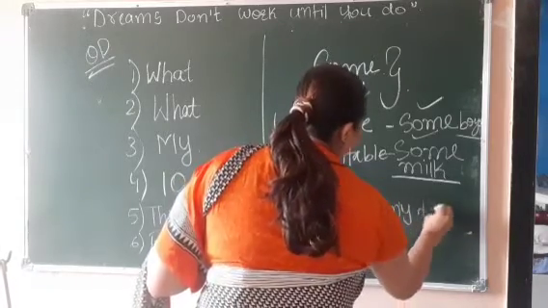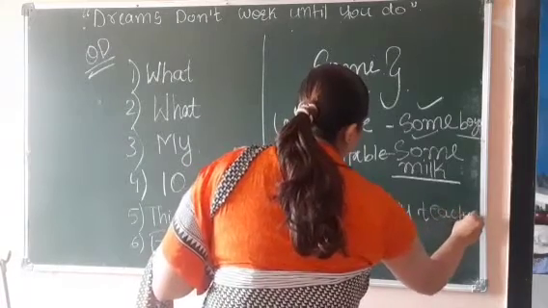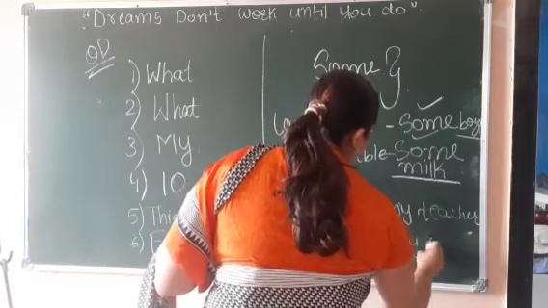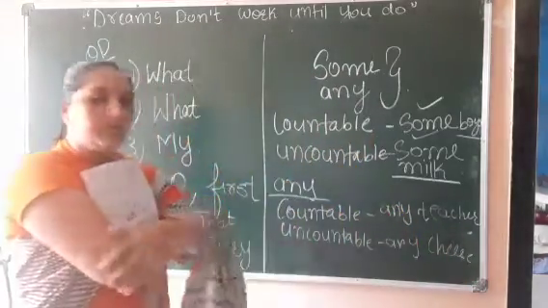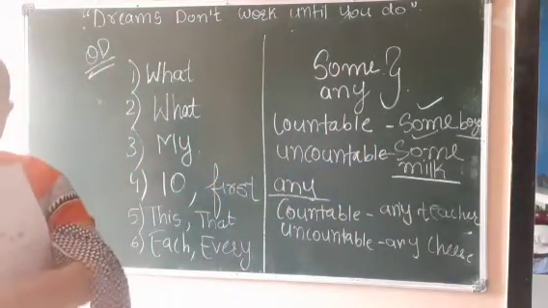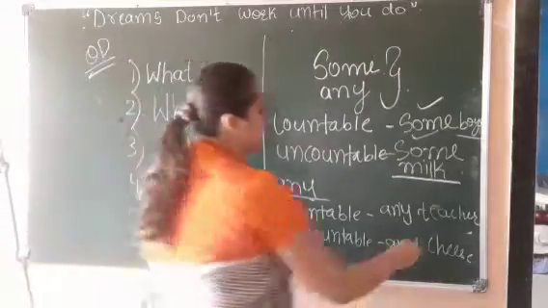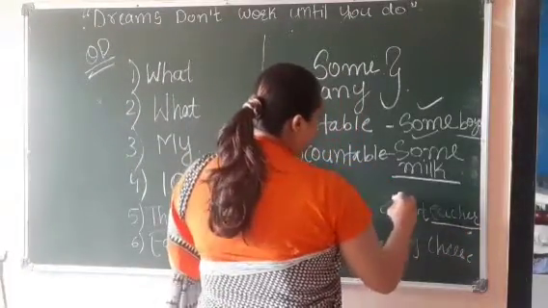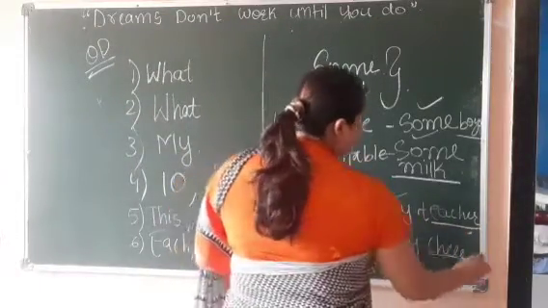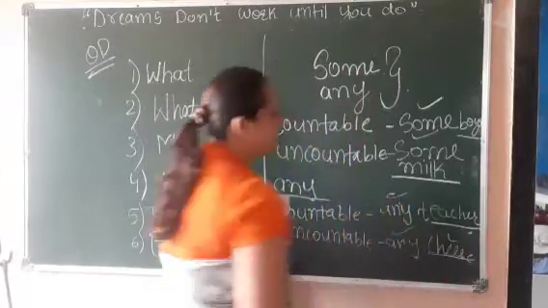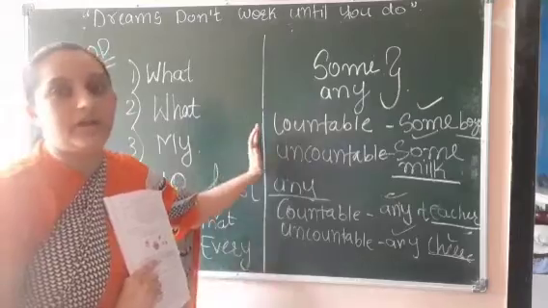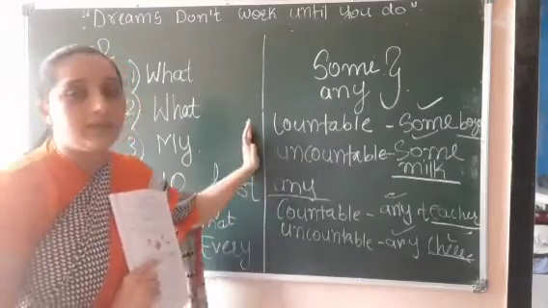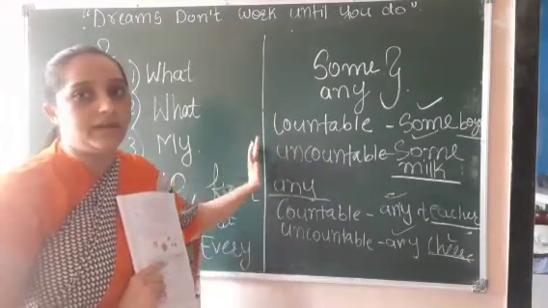Any teacher first we have to write as it is countable. Any cheese. Now from this example you can see teacher is countable, but with that we have used any. Cheese is uncountable, and with that we have used any. So any can be used with both countable and uncountable nouns, and some also can be used with countable and uncountable nouns.